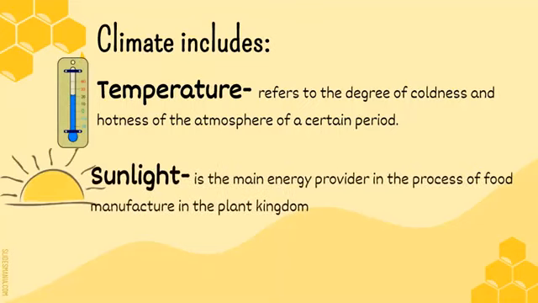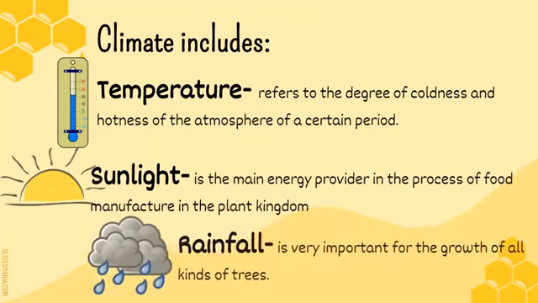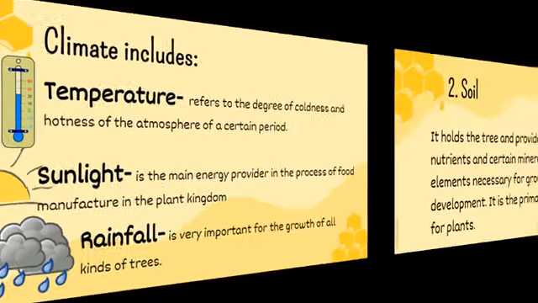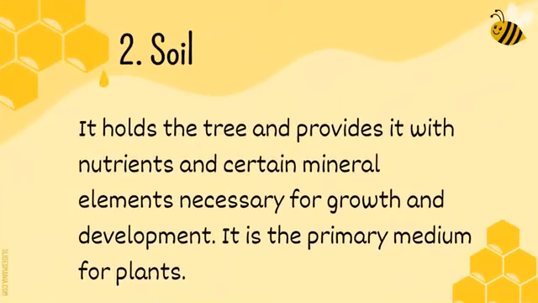Next one is the sunlight. It is the main energy provider in the process of food manufacture in the plant kingdom. And lastly, rainfall. It is very important for the growth of all kinds of trees.